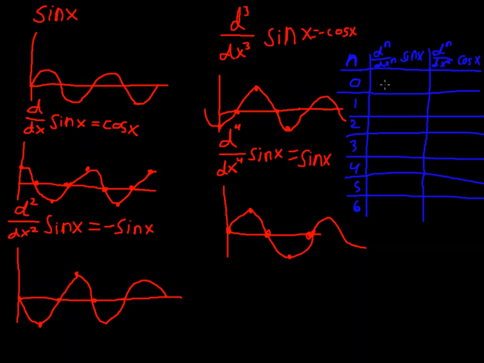Okay, so this is the nth derivative of sine of x and the nth derivative of cosine of x. So the 0th derivative of sine of x, that's just not taking the derivatives. That's going to be sine x.